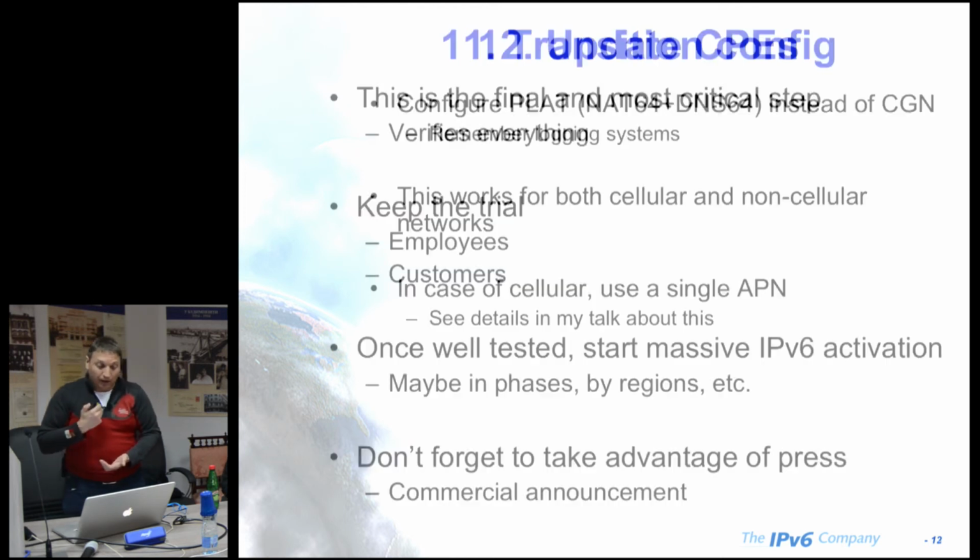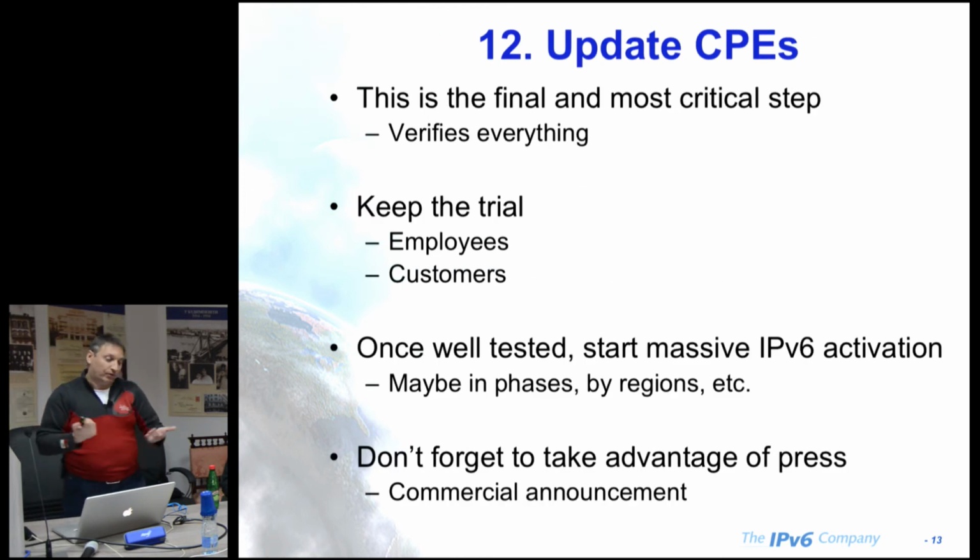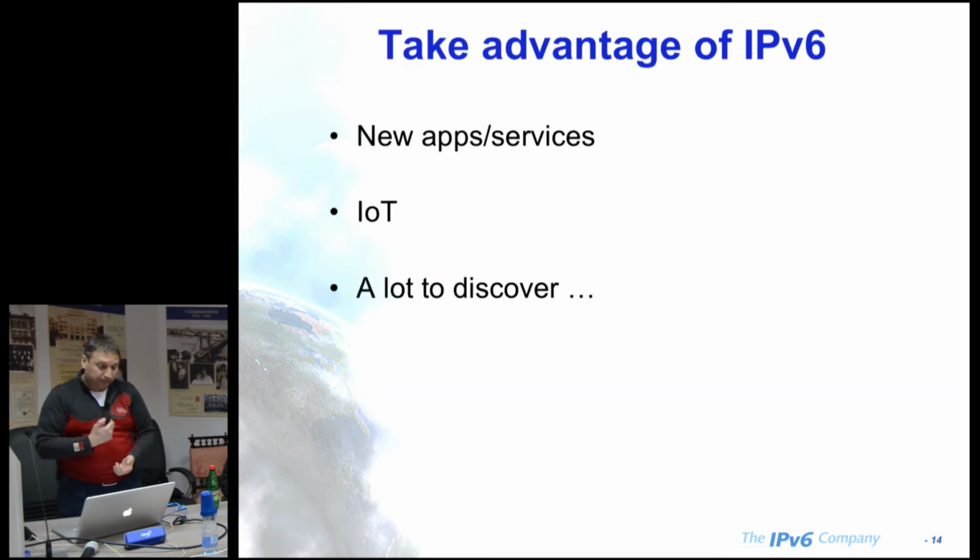And then the last step, of course, is to update the CPEs, which is probably one of the bigger tasks, and start deploying the service massively. And I would say you are not yet done unless you start taking advantage of that.